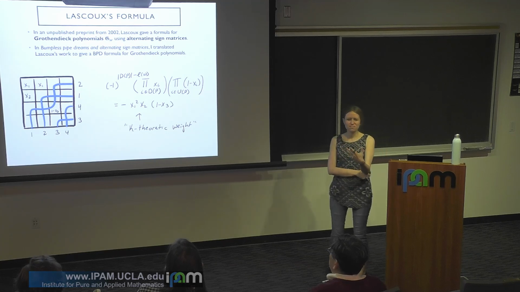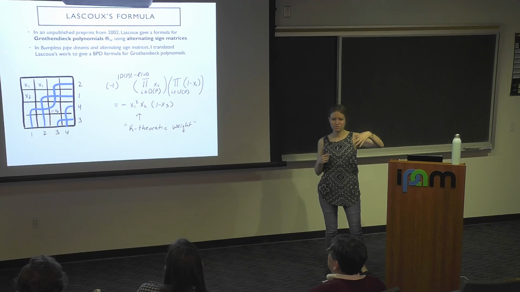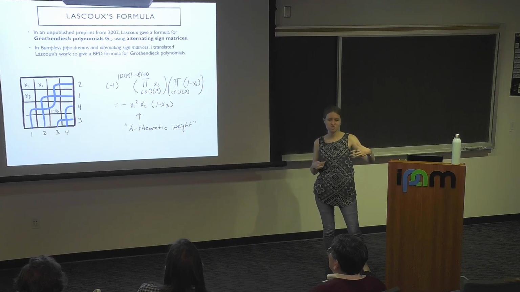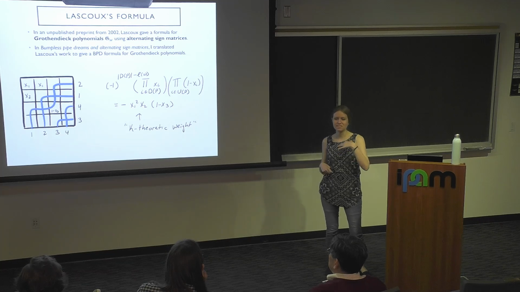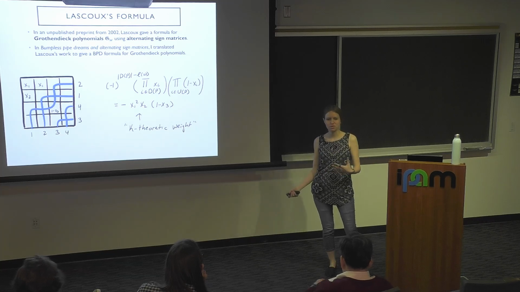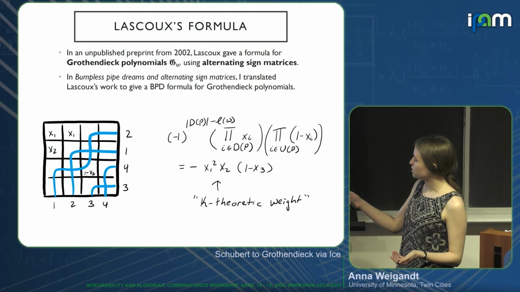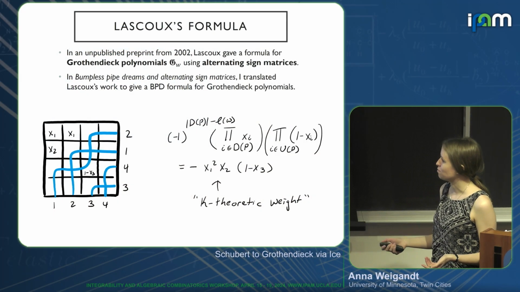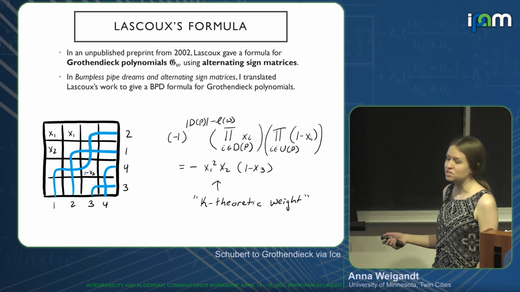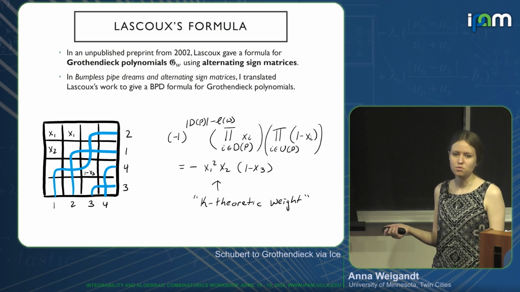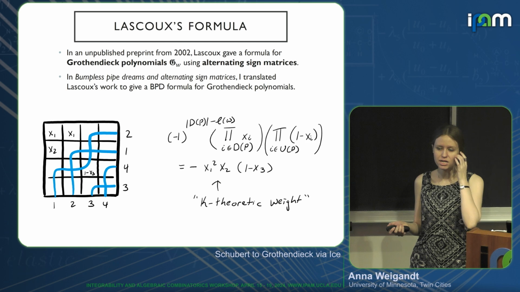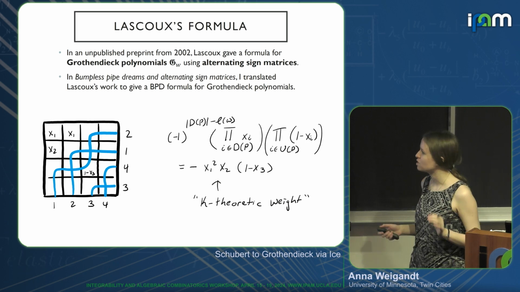Lascoux's formula involved doing some sort of iterative procedure to an alternating sign matrix until you get to a permutation matrix, and then that's the permutation that belongs with the alternating sign matrix. I showed that you can translate this to BPDs, and the natural permutation you read off is the same as the one you got from Lascoux's alternating sign matrix procedure.